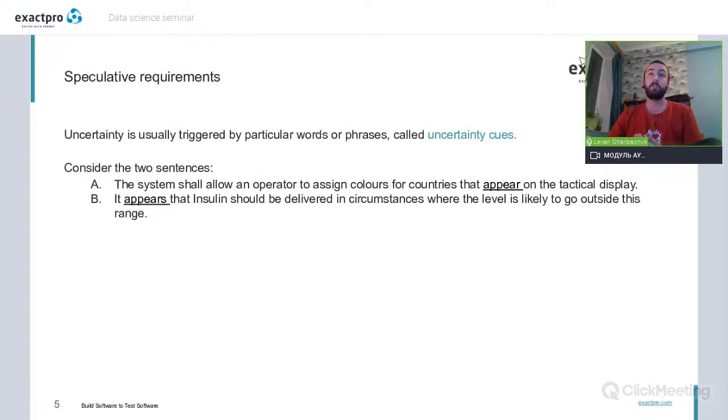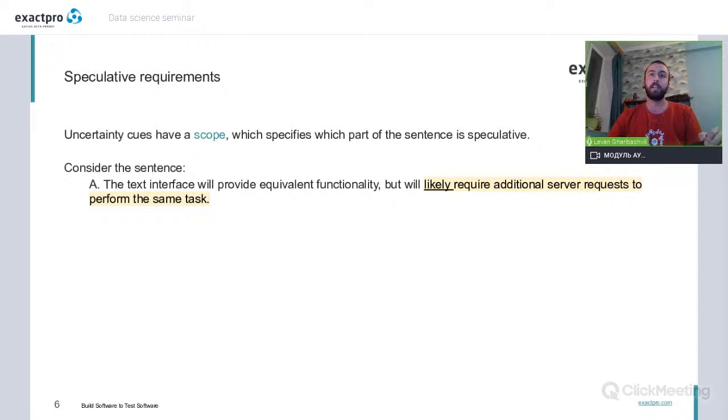And so what I was trying to say with that is that analyzing uncertainty is not as simple as just looking for uncertainty cues. We should also look at grammatical relations and in what kind of word sense this uncertainty cue appears. And also these uncertainty cues have a scope. Scope specifies what part of the sentence is speculative.